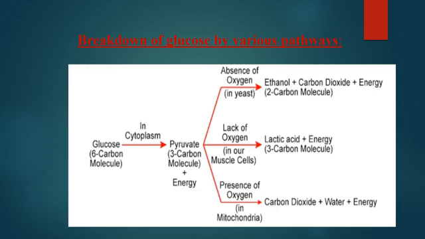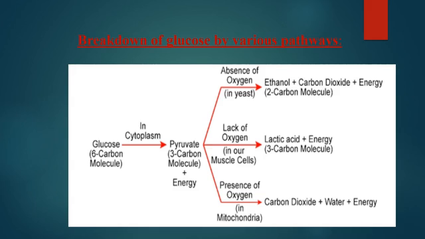As we know, in respiration there is the breakdown of glucose and release of energy. Now we will study how the breakdown of glucose occurs in the cytoplasm and how energy is formed by different pathways.